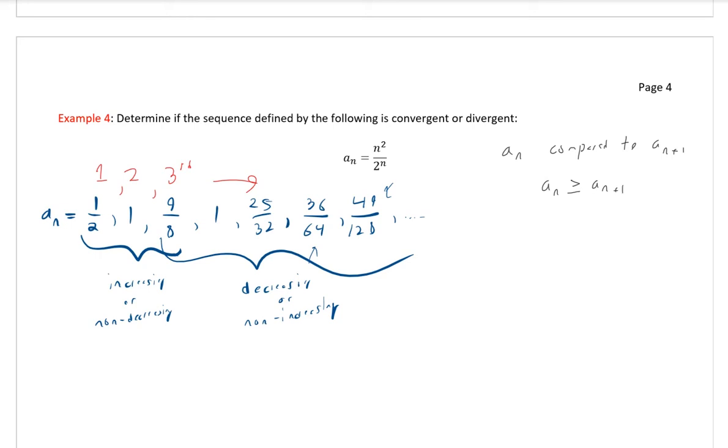This is what is going to show non-increasing. We kind of get that from testing some numbers. If we plug things in, a sub n being n squared over 2 to the n, greater than or equal to a sub n plus 1, we get n plus 1 quantity squared over 2 to the n plus 1.